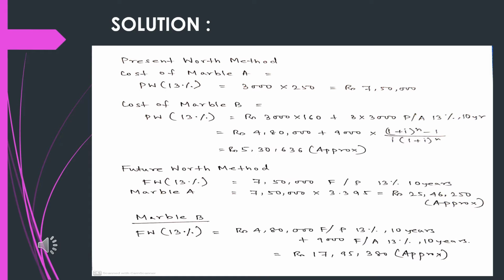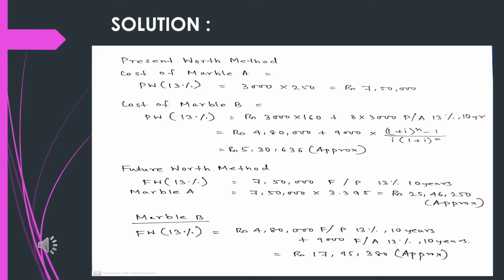The next marble, marble B, has a laying charge of 40, whereas the product price is 120. Adding those two up, we get 160. So 160 into the total area gives us the present worth value of marble B.